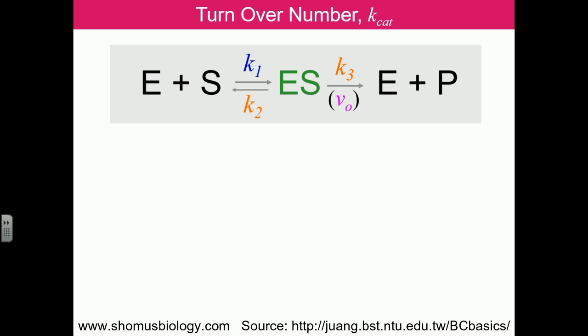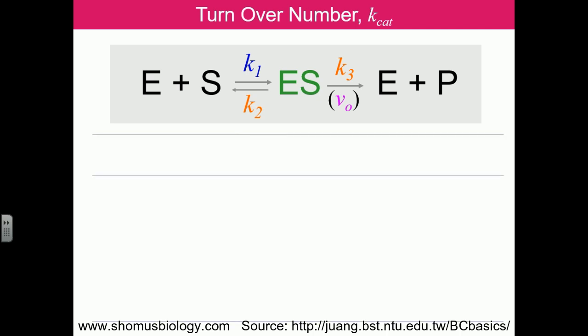And when the ES is converting into E plus P, or product, there is the third rate constant, K3, and that determines the activity of the enzyme, because that's the most important part of producing product, and this is an irreversible step.